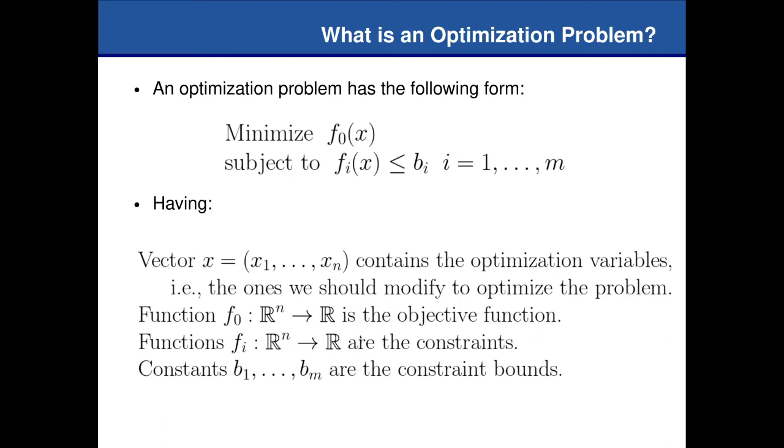That's also a constraint. All of those constants, b1 to bm, are constraint bounds. As you can see here, they define some bounds. For example, this could be the amount of money I have to spend, which must be at most equal to some amount. This could be the amount of money my constraint function has to satisfy.